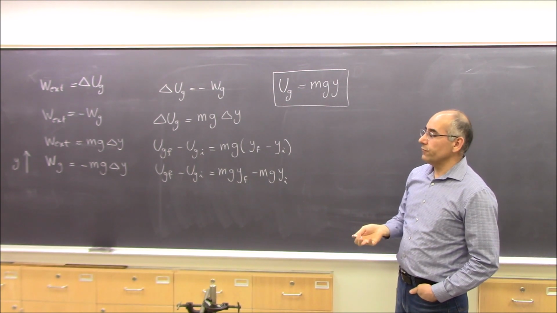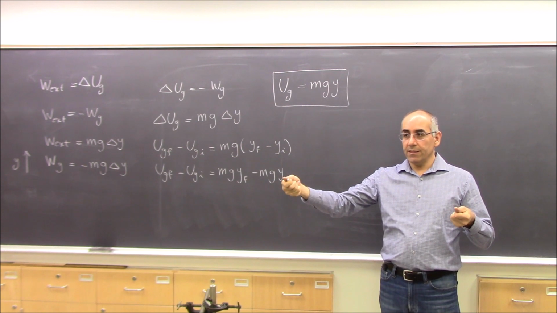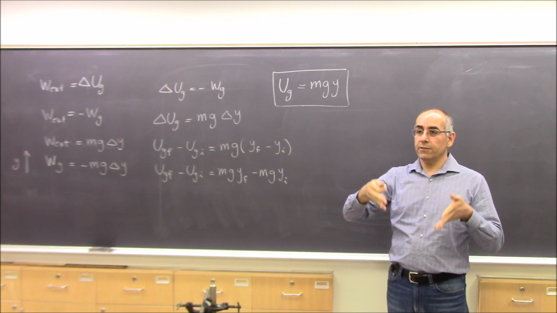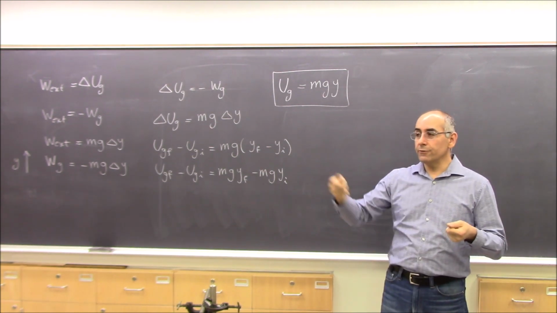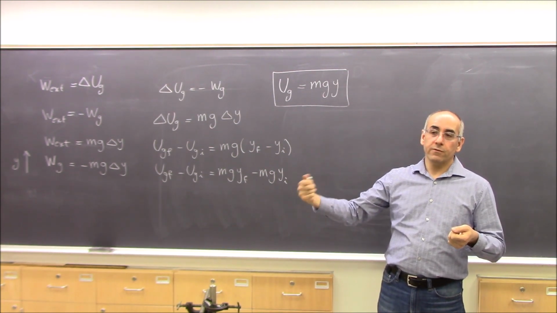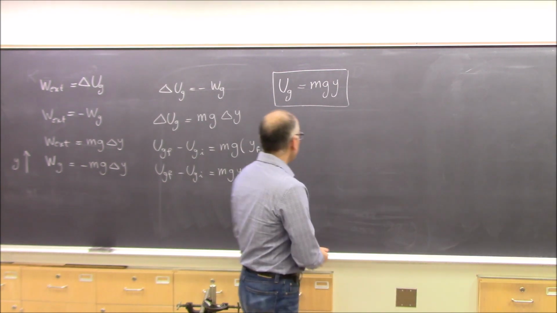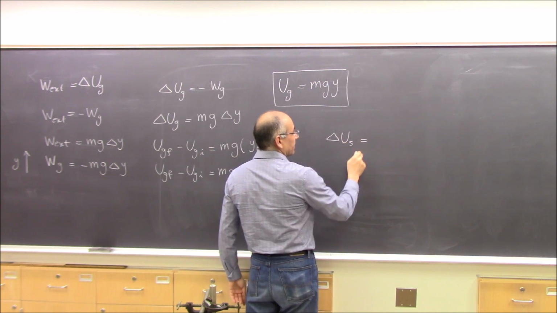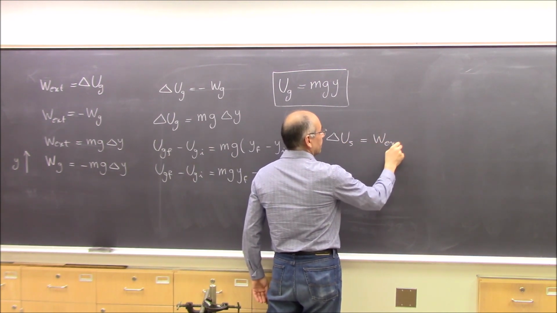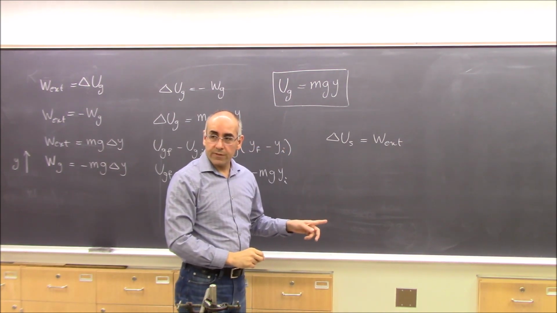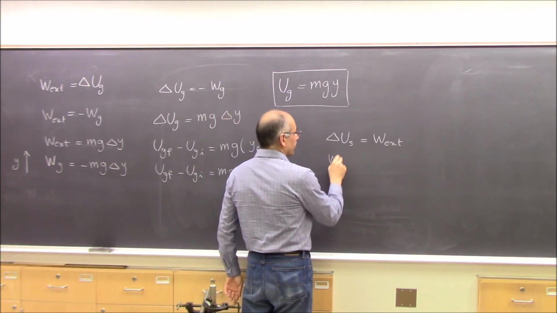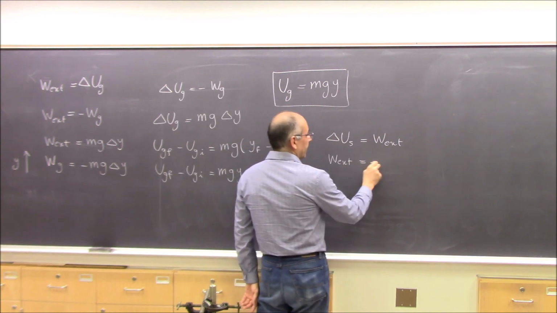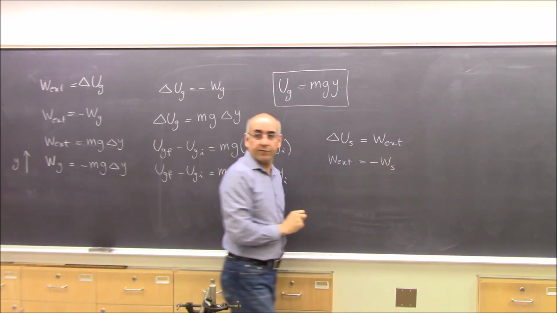The same thing if you just stretch a spring: the work that you do goes into the potential energy of a spring. And the work that you do is also opposite of the work that the spring does. So the change in potential energy of a spring is equal to W of external force. But W of external force is equal to negative work of the spring itself.